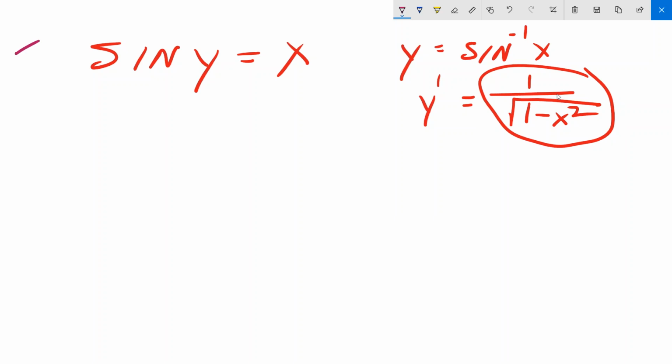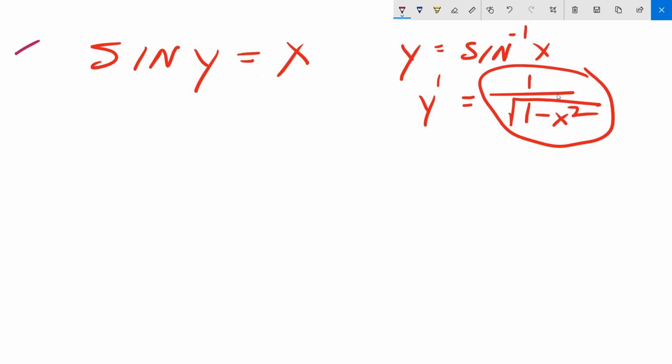So when you implicitly differentiate, what's the first thing you're doing? The first step of implicit differentiation is always to differentiate both sides of the equation with respect to x.